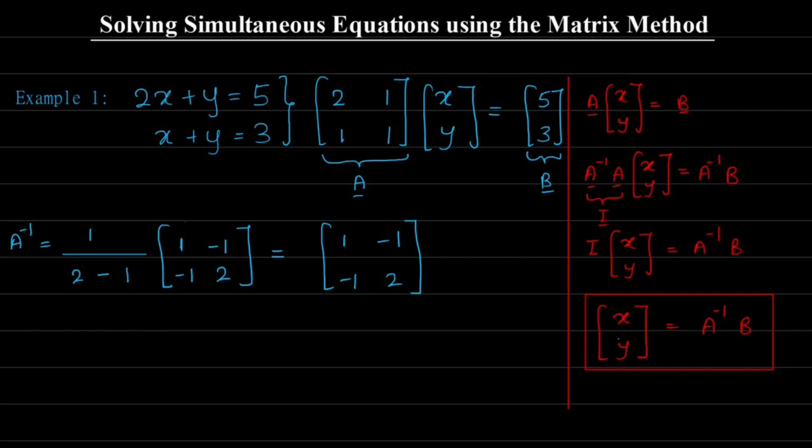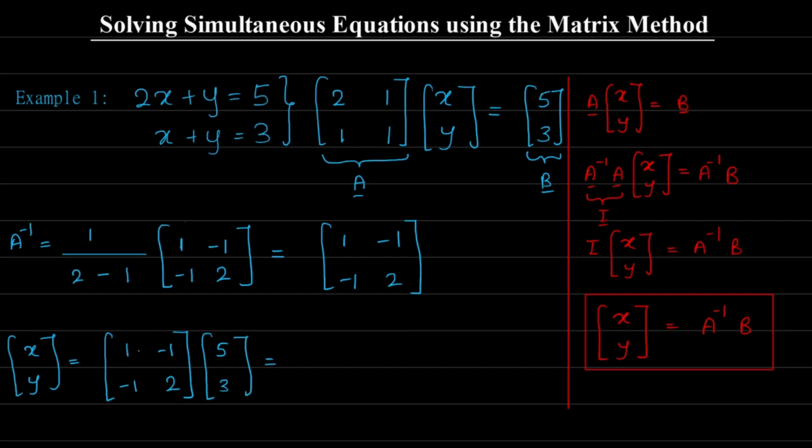And then it's simply a matter of plugging it into this derivation that we have here to get the x, y matrix to be equal to 1, minus 1, minus 1, 2 multiplied by matrix B, which is equal to 5, 3.